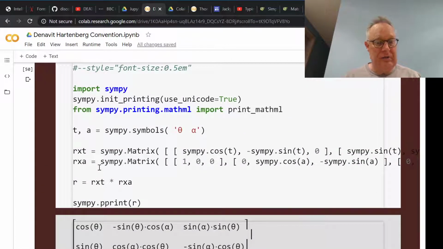So now let's continue with the Denavit-Hartenberg Convention. So the first assumption is that z(i-1) and x(i) intersect.